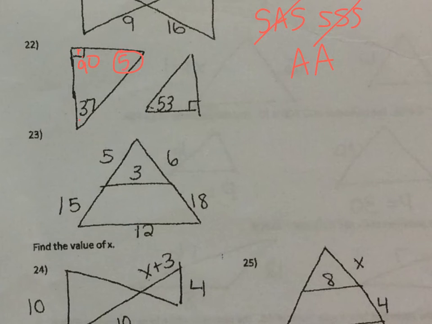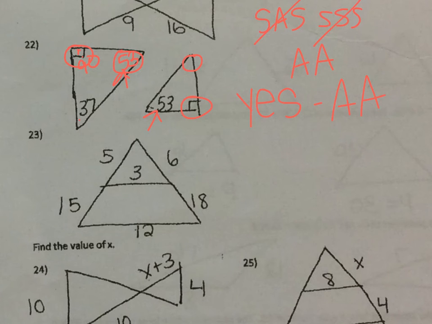So we know this missing angle is 53. And looking over at our other triangle, we don't even have to determine what this angle is because we do have two of the same angles. We have a 90-degree angle here, 90-degree angle here, and a 53 here, and a 53 here. So we can say this one, yes, it is similar by angle, angle.